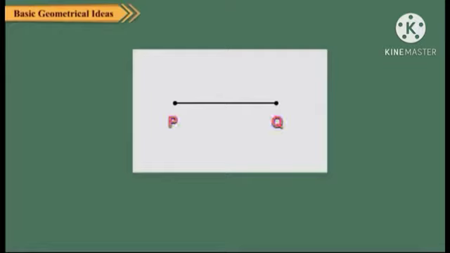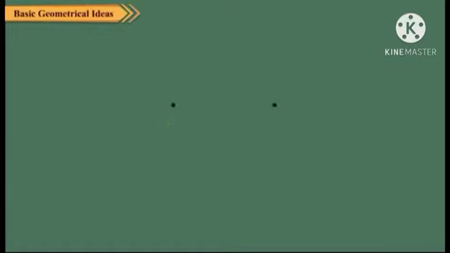It has two endpoints P and Q. Also, the distance between the points P and Q is called the length of the line segment PQ. We denote the line segment as PQ or QP.